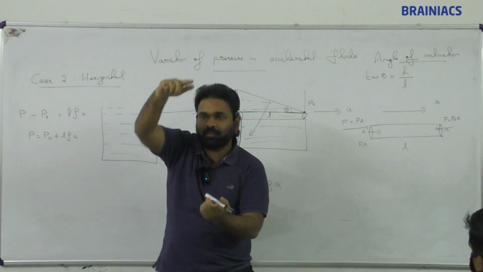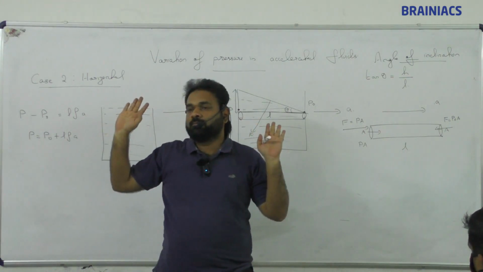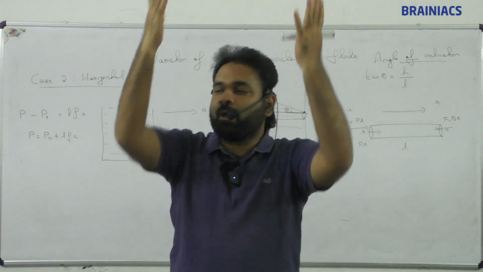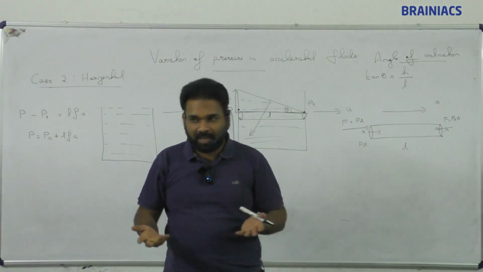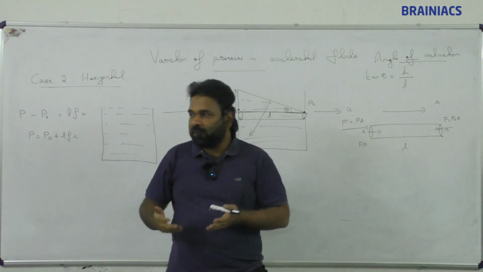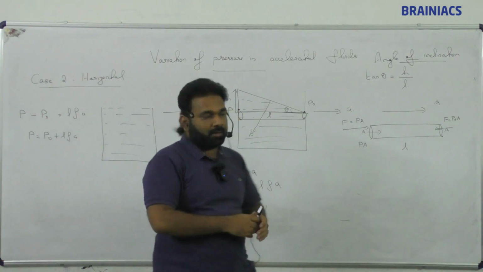This was H, this is L, this was g, that is a. No change in the formula. Previously, going up and down, H rho g plus a or H rho g minus a. This time P naught plus L rho a. Easy, done, over.